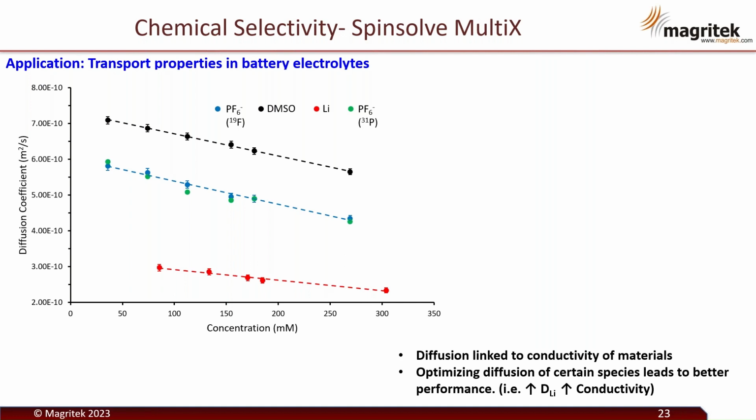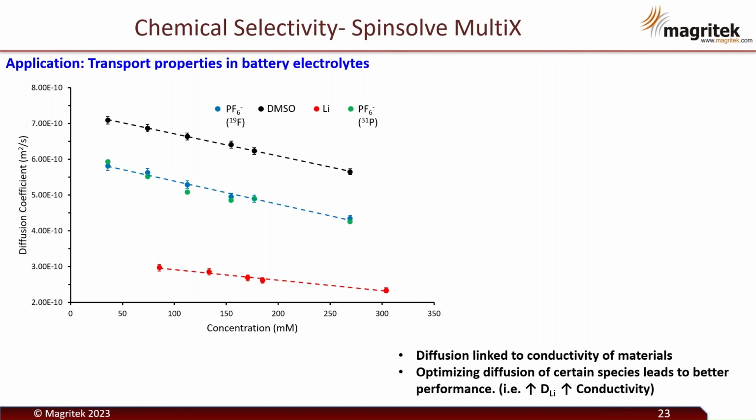In battery applications, you really wish to crank the conductivity as high as you can, and to do that, you really need to optimize the diffusion of certain species to hopefully lead to better performance by increasing conductivity. So by optimizing the diffusion coefficients for lithium, say in a lithium-ion battery, you hopefully get a better conductivity, which in turn leads to a better performance of the system.